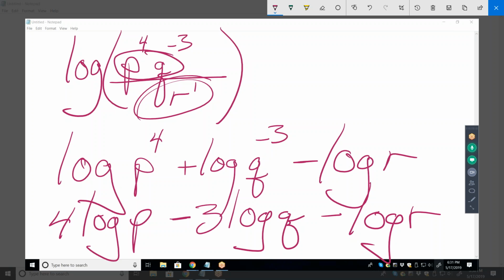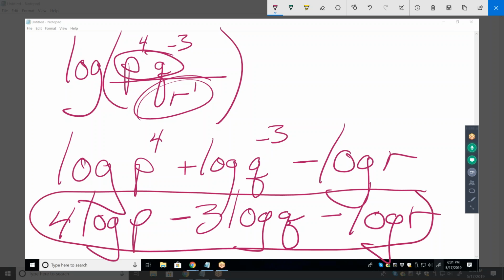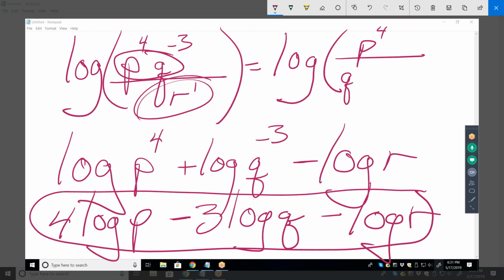Now, this might look strange to you because if I were to condense that, I would end up with the q in the denominator. But notice that's where it belongs. I actually could have started this problem by moving that q into the denominator to begin with. In other words, I would have had p to the 4th there, q to the positive 3 times r.